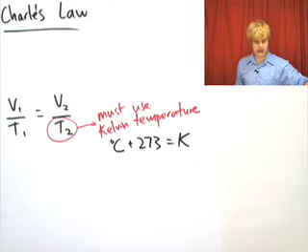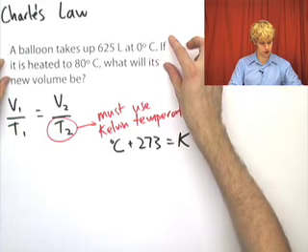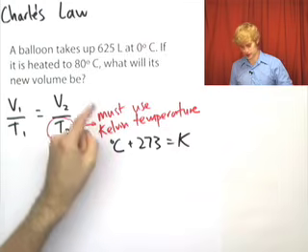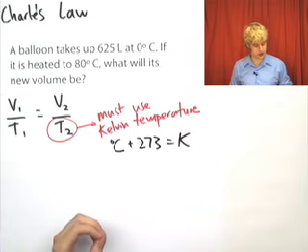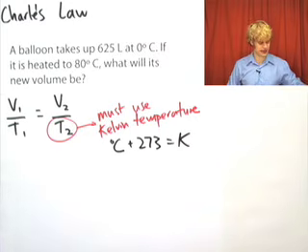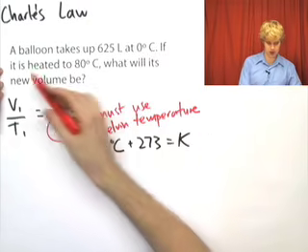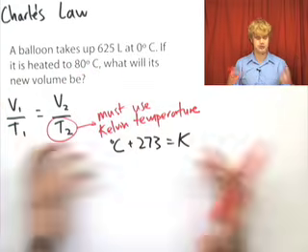Keeping that in mind, let's go ahead and take a look at this problem. A balloon takes up 625 liters at 0 degrees Celsius. If it's heated to 80 degrees Celsius, what will its new volume be? There are a couple steps that we have to take. Let's figure out which of these variables we're going to be solving for first. There's a change. We change this gas by heating it up.